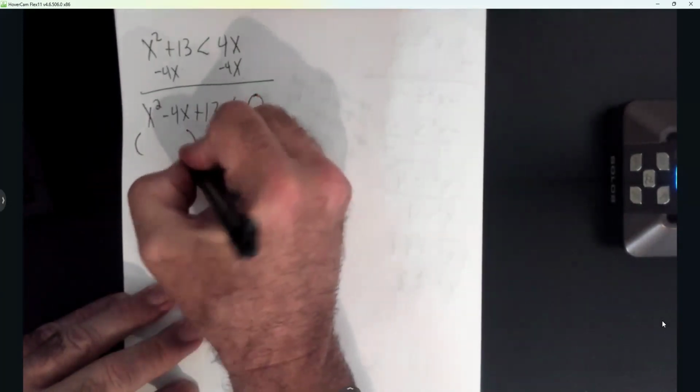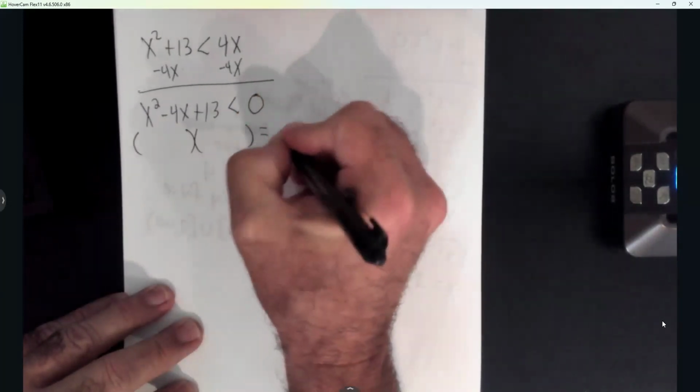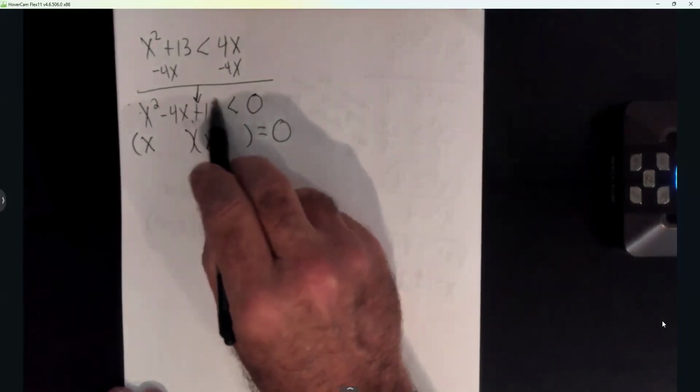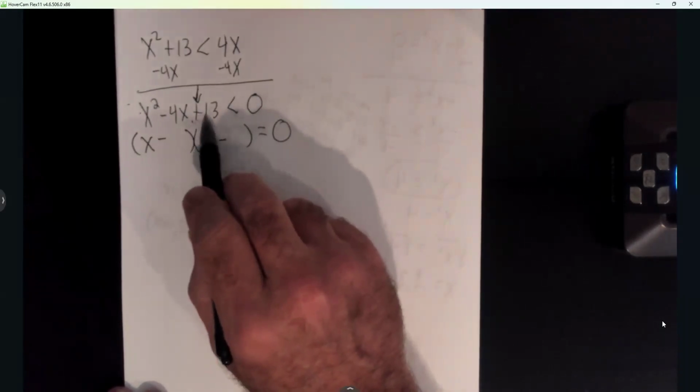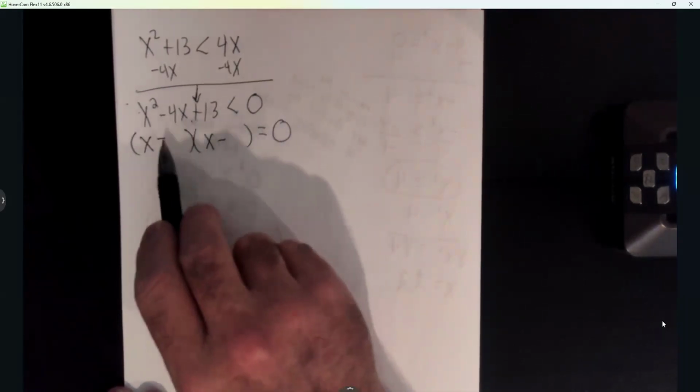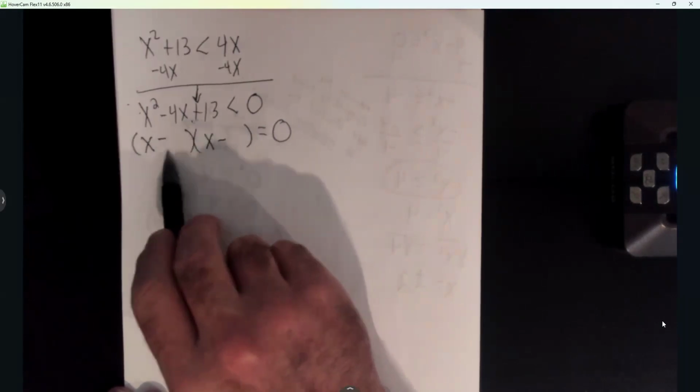All right, so now I'm going to factor it and set it actually equal to 0 when I factor it, okay? X squared is an x and an x. This last number's positive again. Since the last number's positive, both factors will be negative like the middle. So anytime that last number's positive, you got to have like signs, okay?